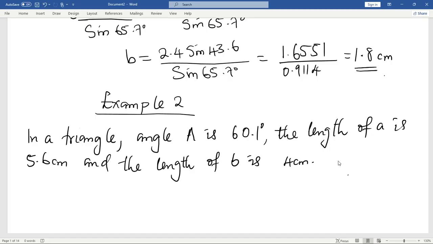Then I wanted to say, using the sine rule, calculate the angle B.